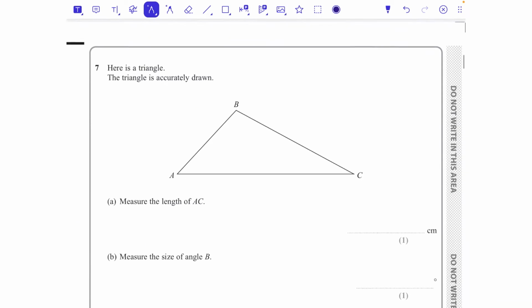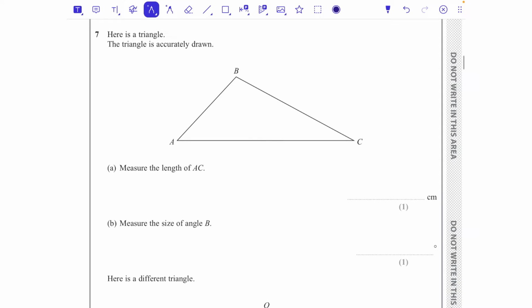Question number 7. Here is a triangle, and the triangle is accurately drawn. Now as soon as they say accurately drawn, that means you can use your ruler and you can use your protractor to measure the angles.